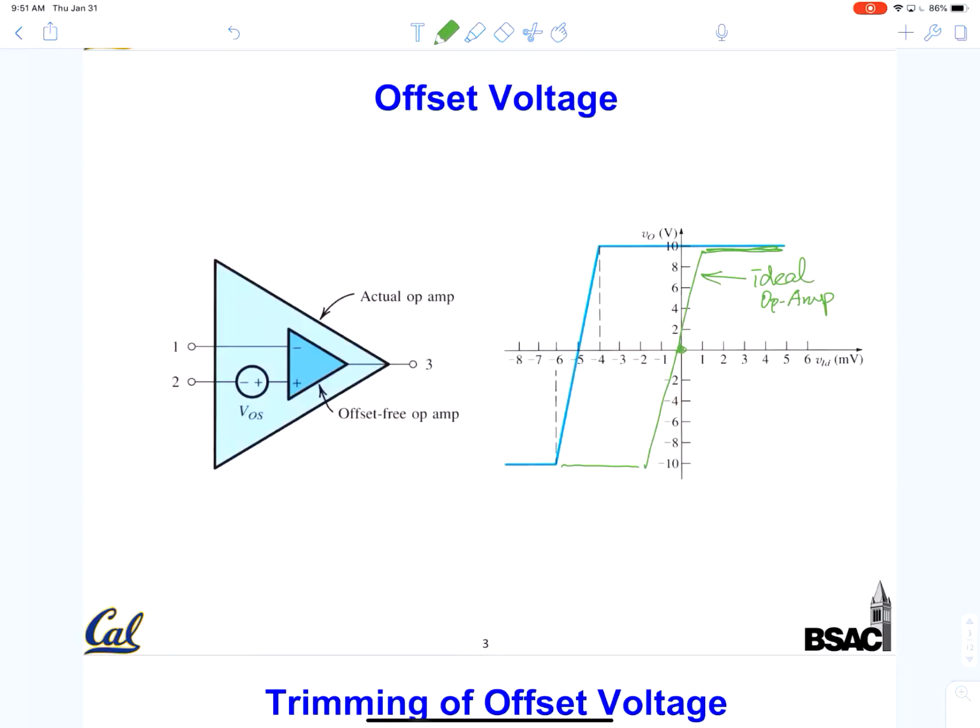When there's no input voltage, here the x axis is VID. VID is equal to V plus minus V minus, the difference of the voltage at the two input terminals. Ideally, when they are equal, there should not be any output voltage.